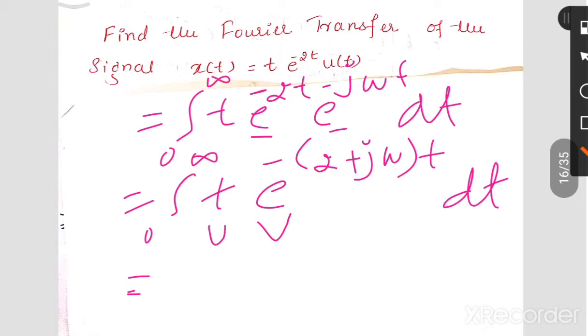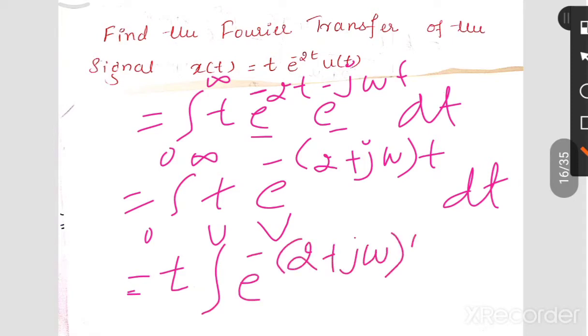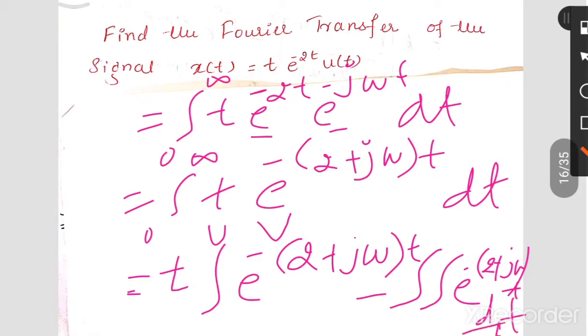Keep the first function as it is, that is t, and integrate the second function, that is e raised to minus 2 plus j omega t. Then minus the integration of the second function, e raised to minus 2 plus j omega of t, into the differentiation of the first function.